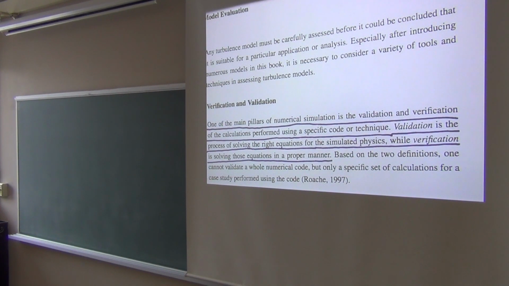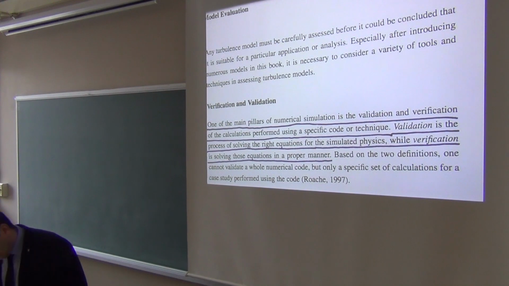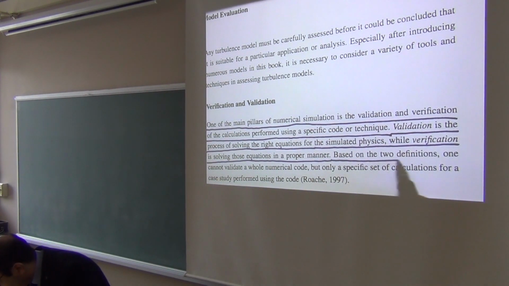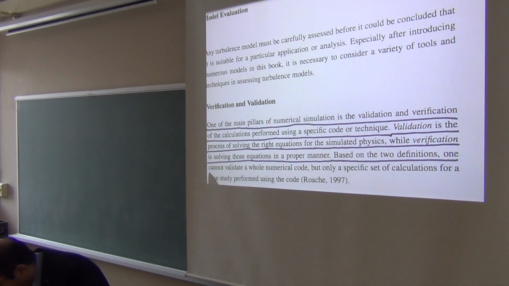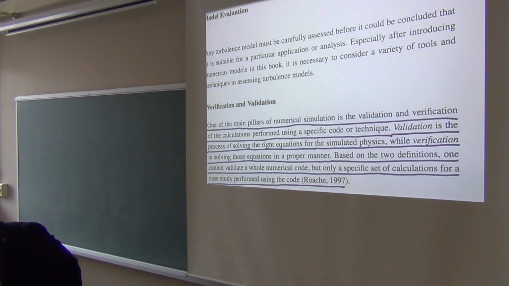And I'll give you a very fun example of this in a moment. So, based on the two definitions, one cannot validate a whole numerical code, but only a specific set of calculations for a case study performed using the code. Let's use that example.